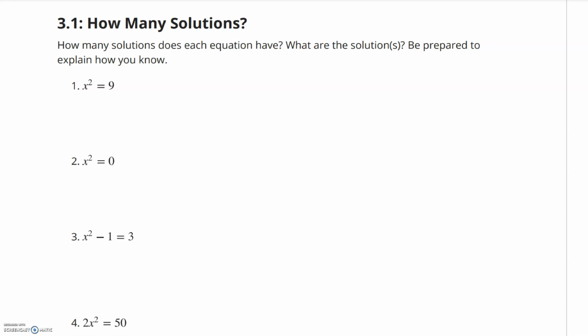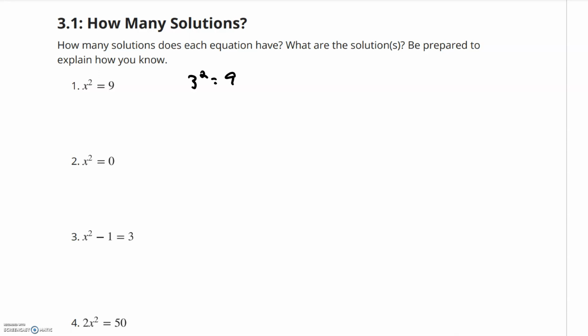Number one is asking us if we have x squared equal to 9, what number or numbers can I put in for x where I could square them and get 9? Well, I think we all are pretty aware that if I take 3 and square it, 3 times 3 is 9, right?